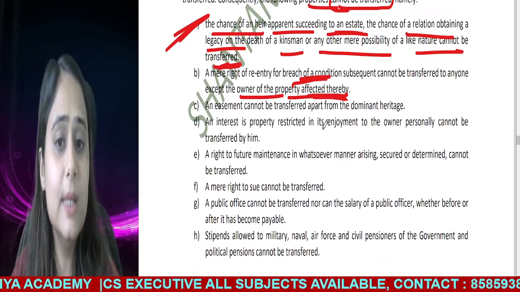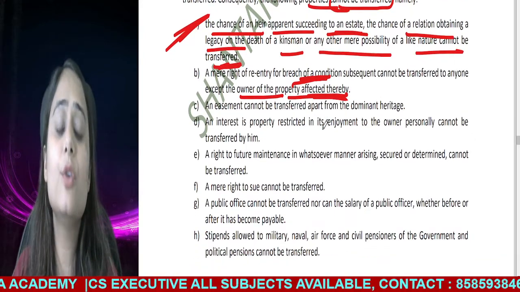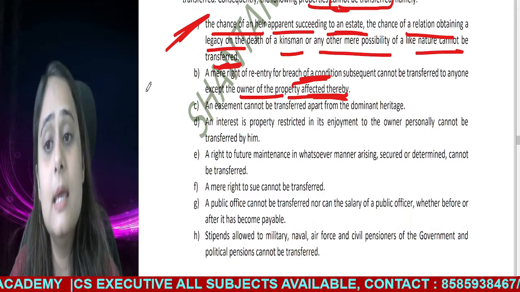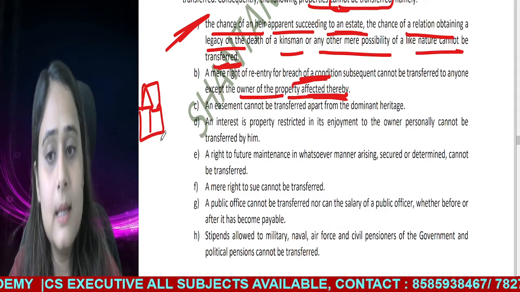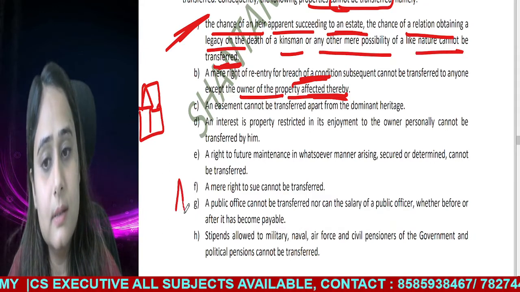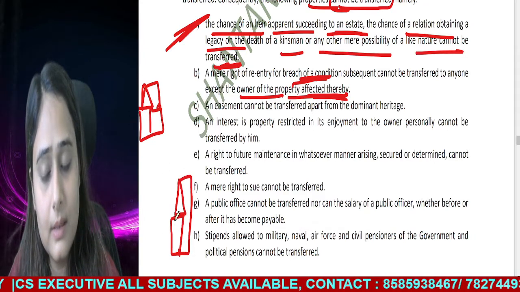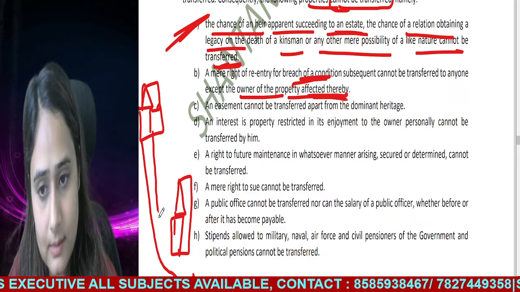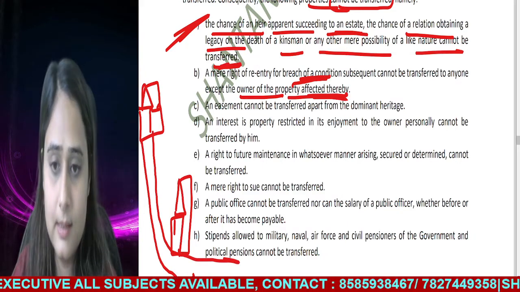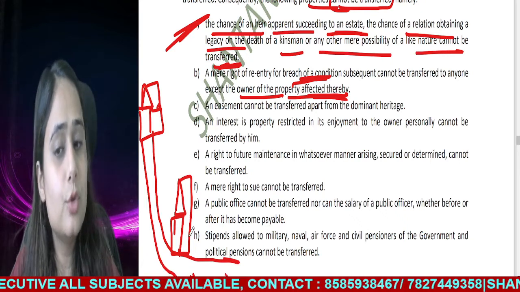Third, an easement cannot be transferred apart from the dominant heritage. Say suppose this is a house, correct? And another house is this one. Now there is a road going like this, right? So there are only two houses suppose.